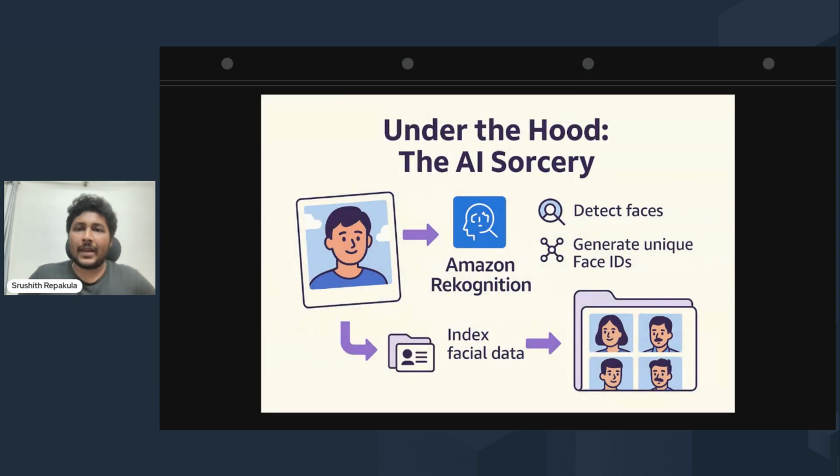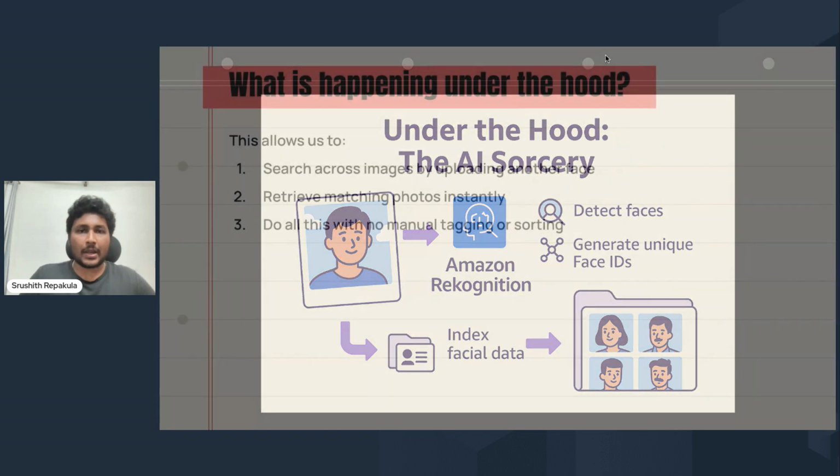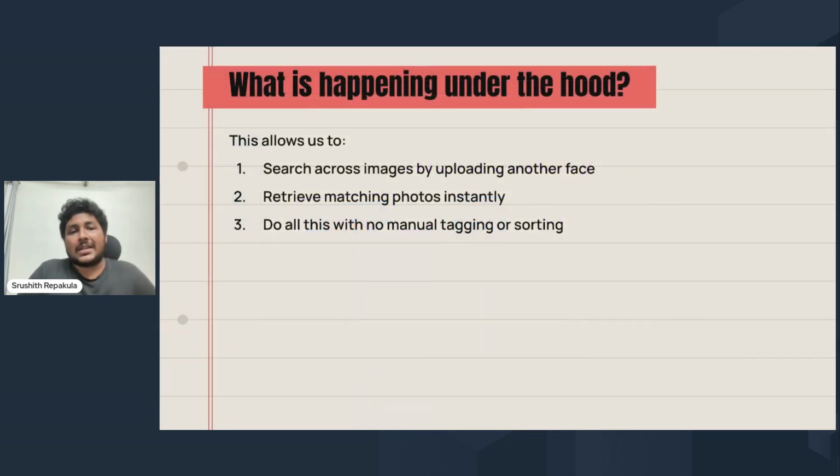Essentially what is happening under the hood is, whenever an image is uploaded or used for indexing in Amazon Rekognition, it'll detect the faces, generate unique face IDs, and store the facial data in a collection. If you have to take one slide as a summary of what has happened, this is what is happening with the Rekognition. What does this help us with? This helps us with searching across images that have been uploaded. You have a collection or a database of images.